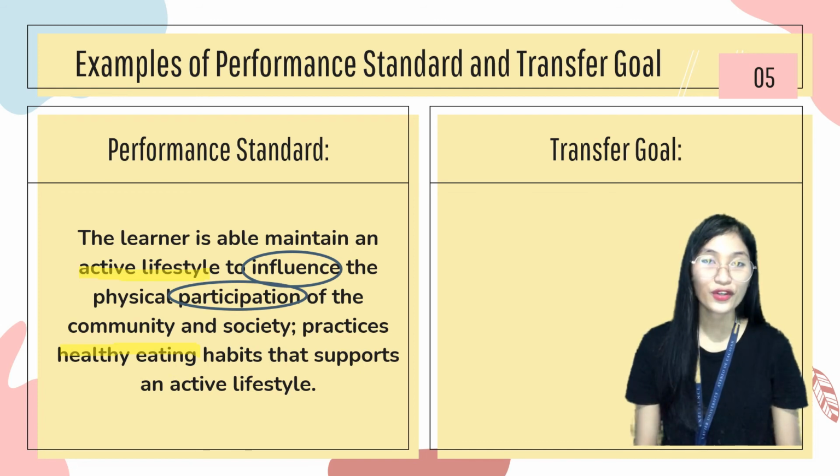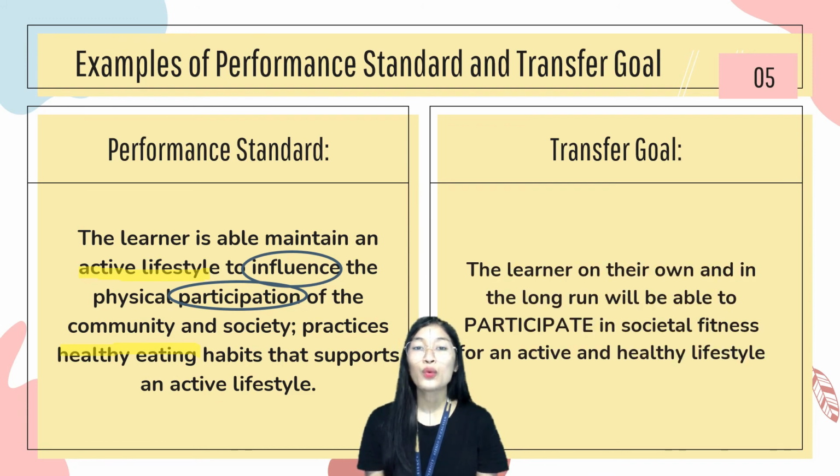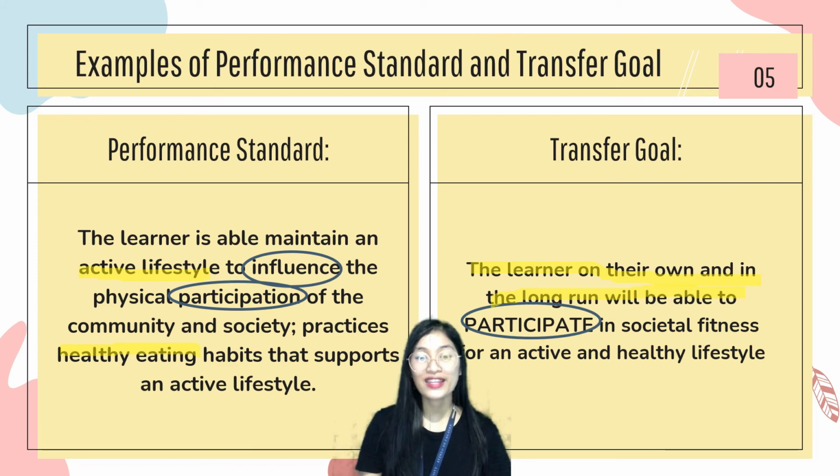So for the transfer goal, the learner on their own and in the long run will be able to participate in societal fitness for an active and healthy lifestyle. So the guidelines for formulating the transfer goal are also followed in this example, and the statement begins with the expression the student on their own and in the long run will, and the verb in the performance standard is found in the statement of the transfer goal.